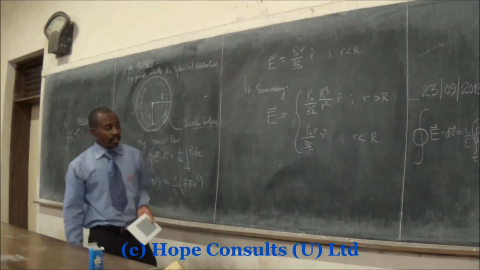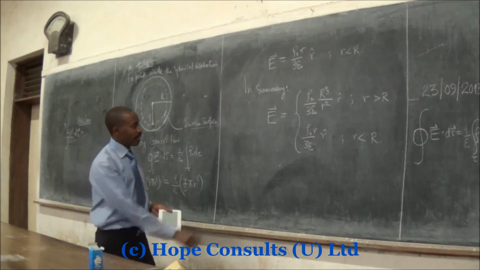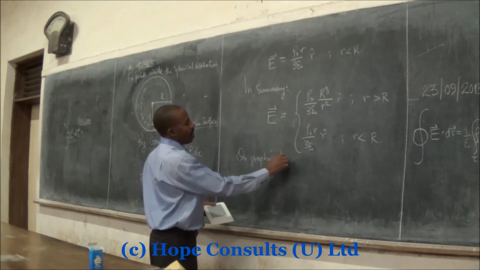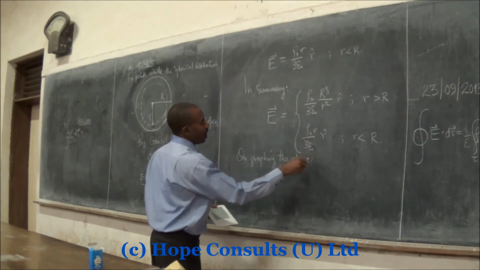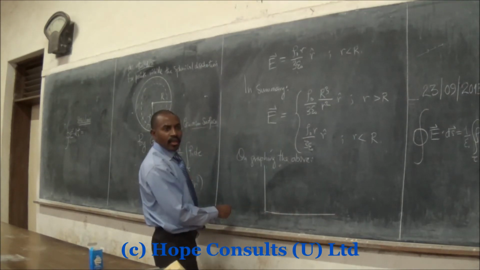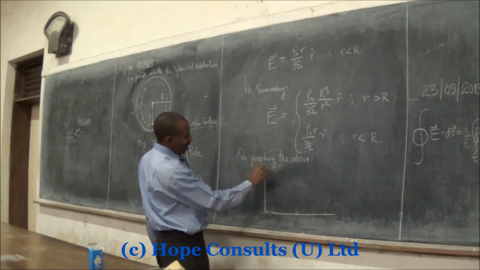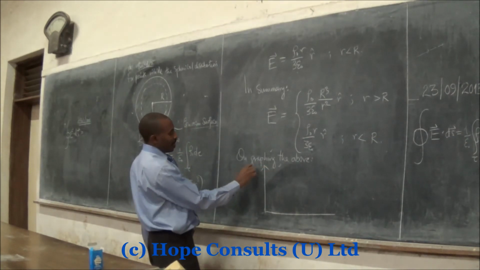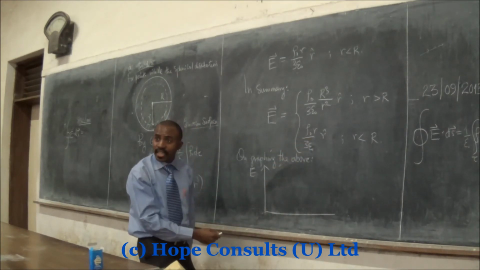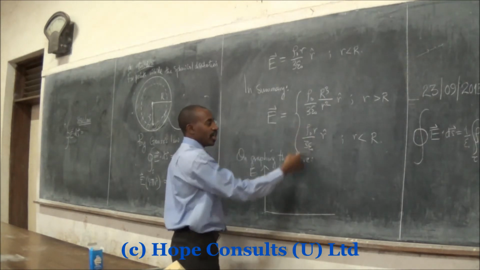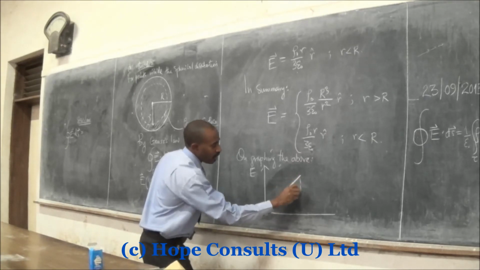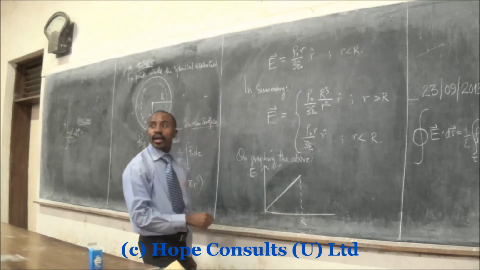And we can graph this. On graphing the above, we get that our electric field intensity would be linear. If you look at this, when you are inside, this is a constant, so E would be proportional to r until you reach the surface of the sphere.